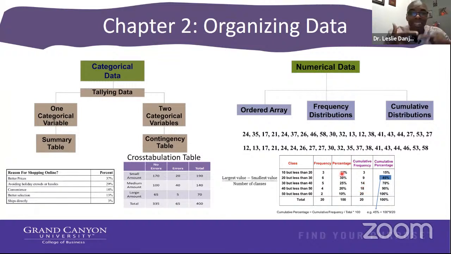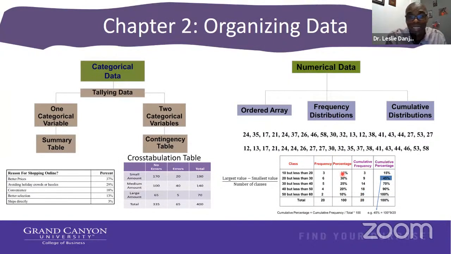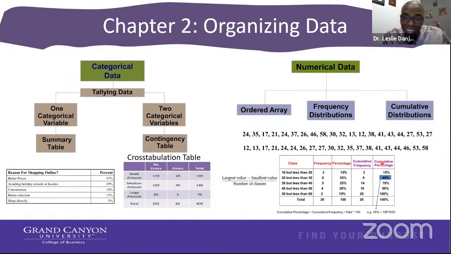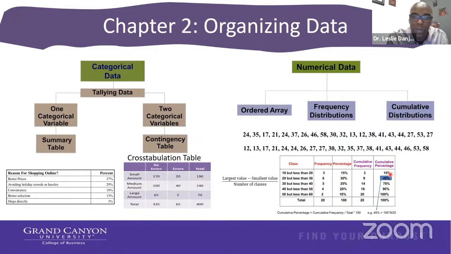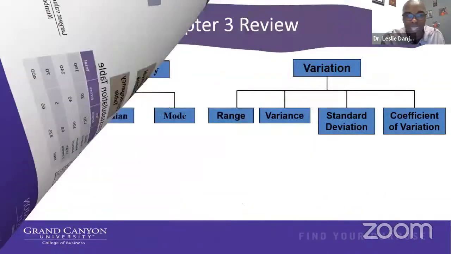You're accumulating your frequency. Once you got that, you can calculate your cumulative percentage. All right. How do you do that? Let's say we're looking at 9. It's 9 divided by 20 times 100, which will give you 45%. Let's go. That's how we organize data.